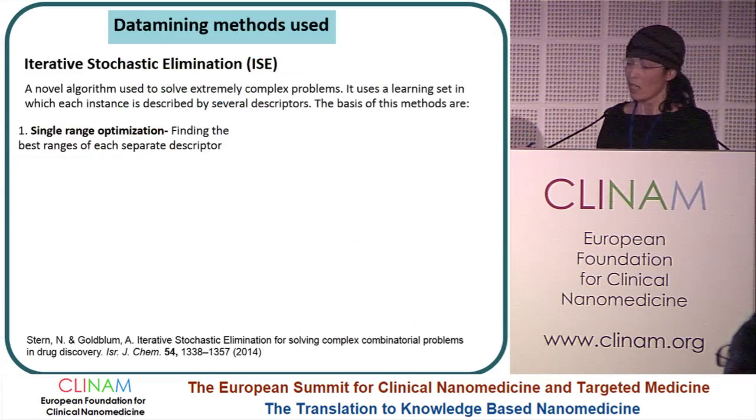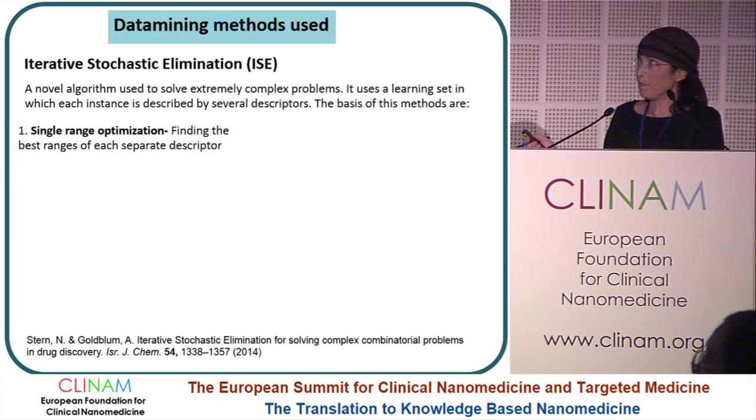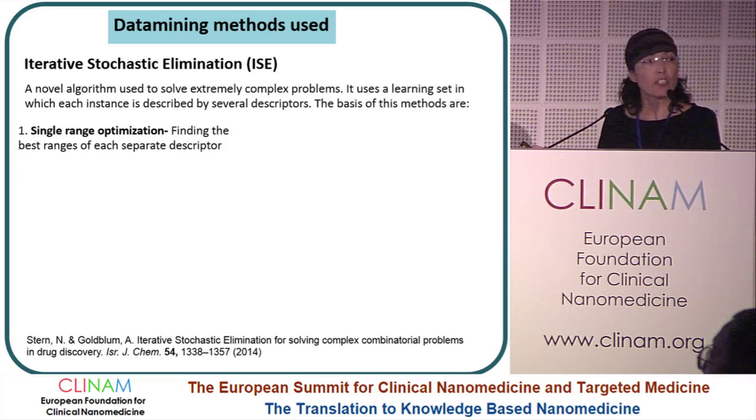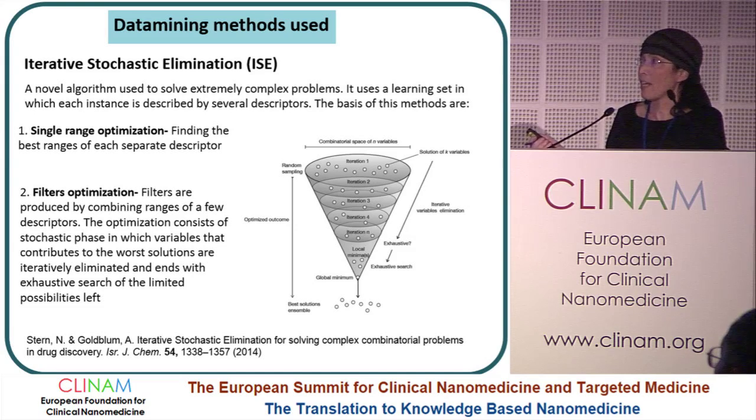We use mainly two classification methods. The first one is iterative stochastic elimination, an algorithm that is used to solve diverse and extremely complex problems. In our case, each instance was described by 194 descriptors. So the first stage was to find the optimal range for each descriptor, and then to create filters, where each filter is produced by combining ranges of a few descriptors.